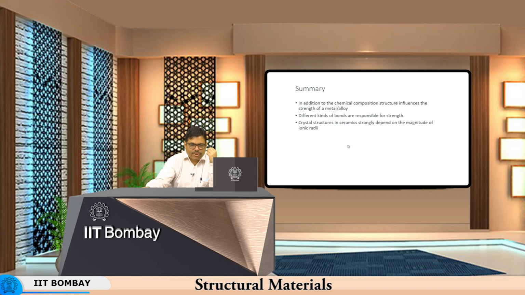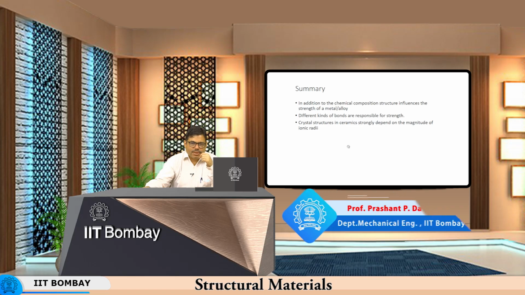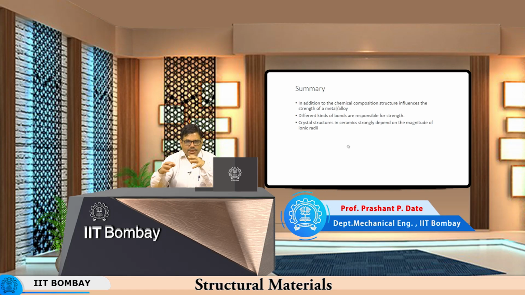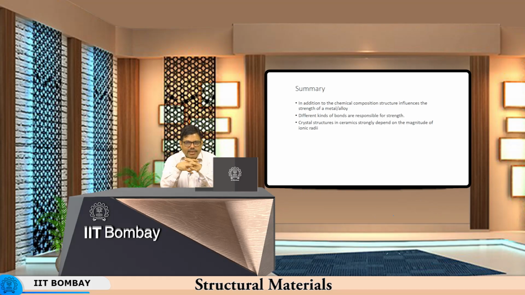Now we have seen two sources of strength: the bond strength and the strength due to structural arrangement of atoms relative to each other, due to which the strength due to bonds gets enhanced further, and we see an enhancement of strength due to the different kinds of structures that we have seen. Thank you.